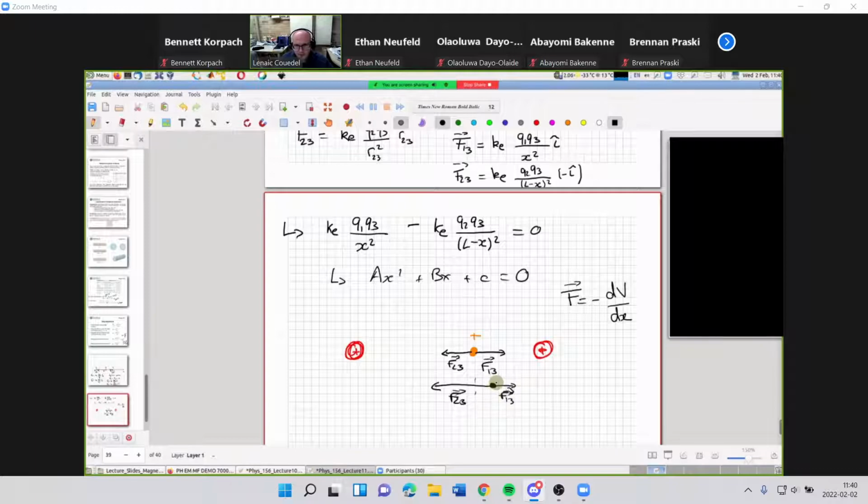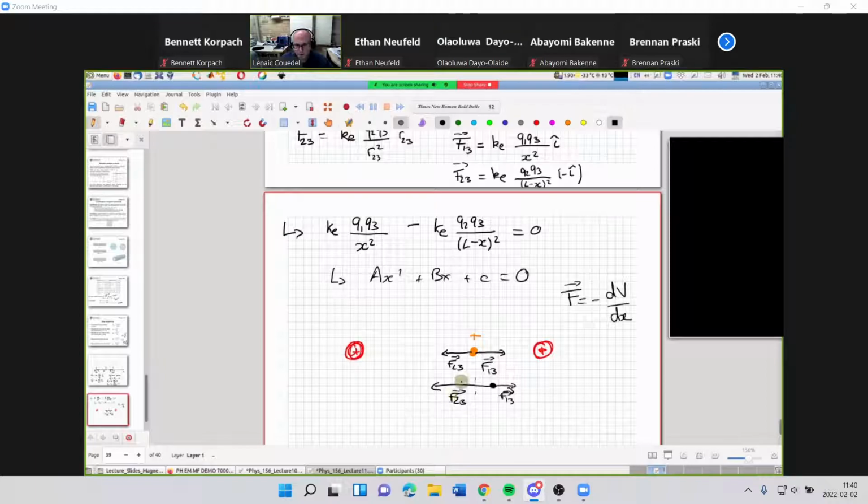So now if I let the charge go, in what direction does it go back? I want to say it goes to the right, because the force F23 became smaller, right?